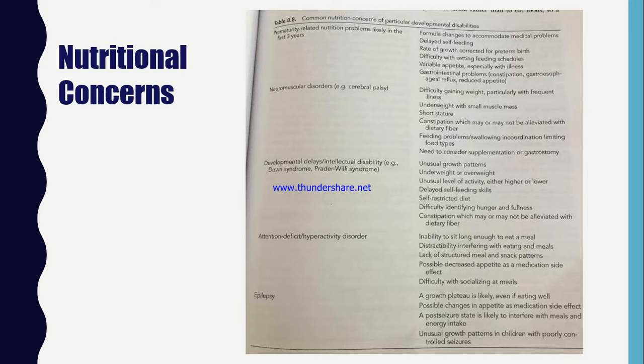This could range anywhere from formula changes to accommodate different medical problems, delayed self-feeding, the rate of growth corrected for preterm birth, difficulty with setting feeding schedules, variable appetite, especially with different illnesses, and gastrointestinal problems such as constipation.